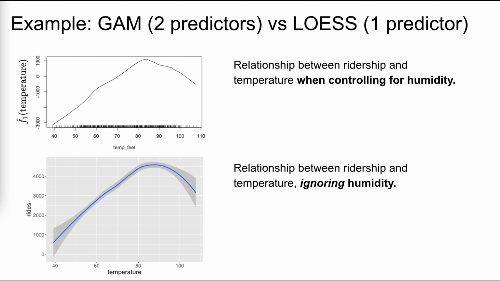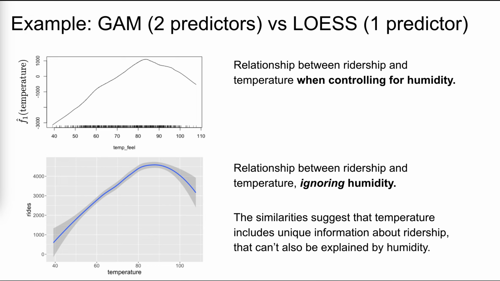The fact that these results are similar suggests that temperature includes unique information about ridership that can't also be explained by humidity. Thus, when we control for humidity, it doesn't change our understanding necessarily of that relationship.